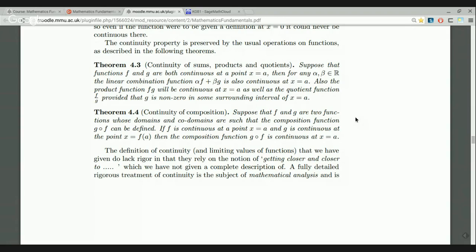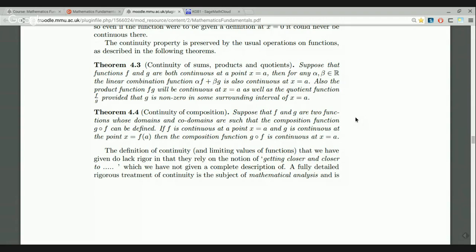These are parameters governing this implication here: if x minus a is less than delta, that means the x is inside this interval here around a.